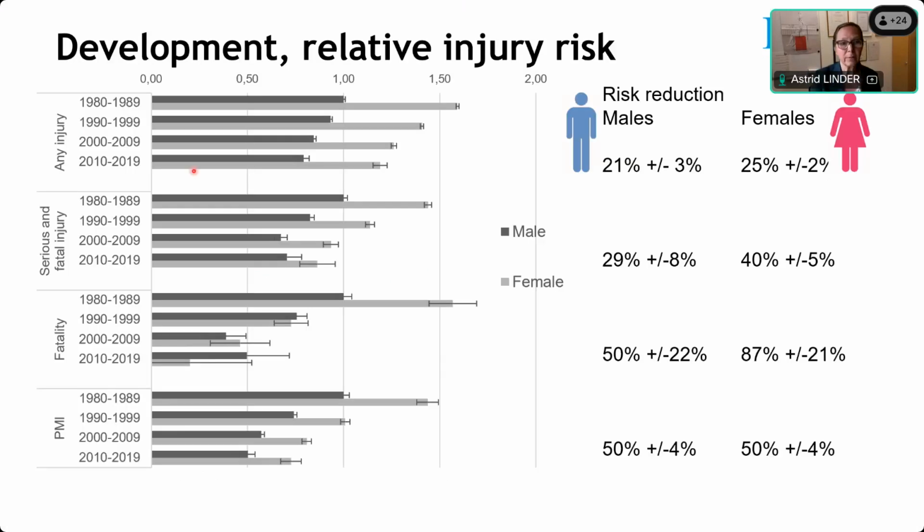The data is divided into 10 year increments of the vehicles. So you can see here 80s, 90s, 2000, first 10 years, and then 2010 to 19.